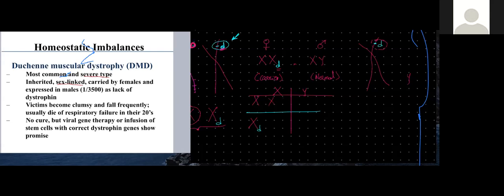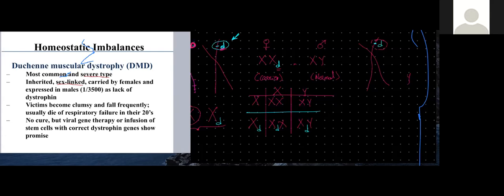I have XX, XY, XD X, or XDY. So what are the chances here of having a diseased child?